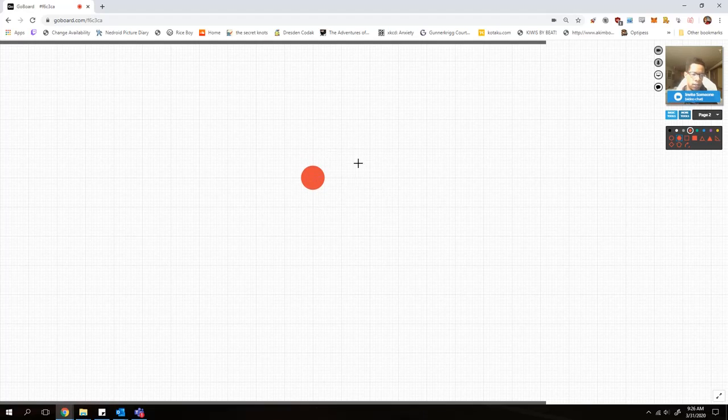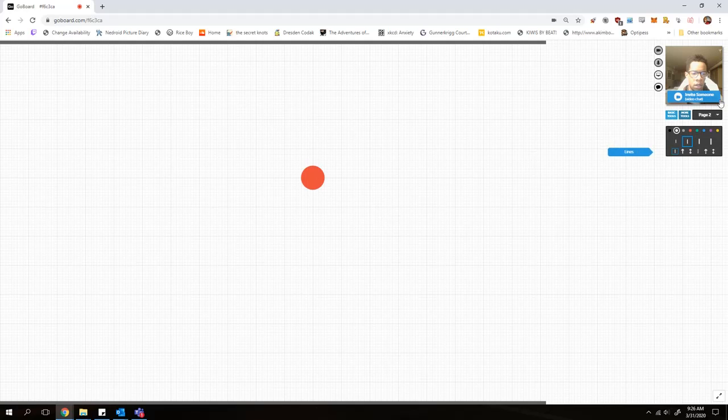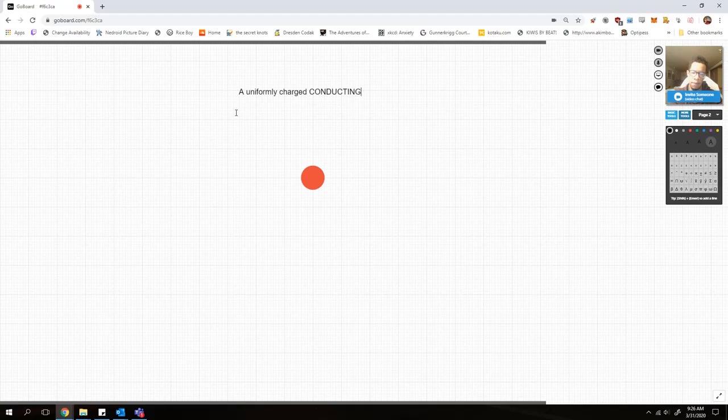Actually, I have a charged sphere. I'm going to write it: a uniformly charged conducting sphere, and I'm capitalizing conducting because that's an important point.